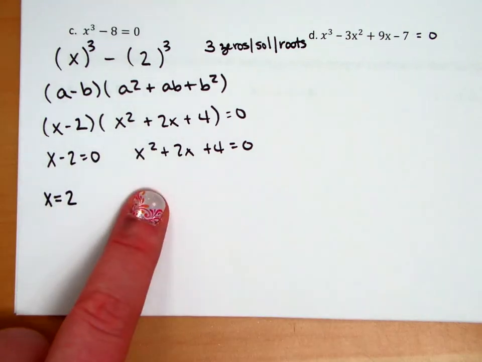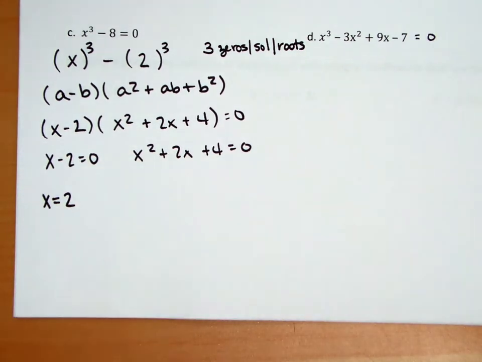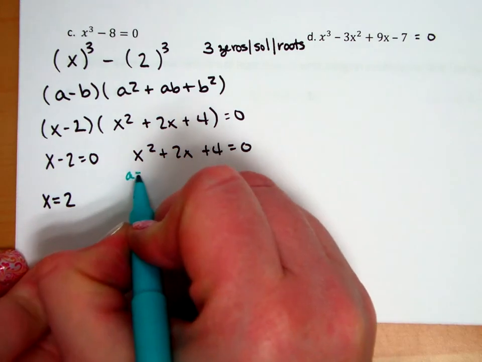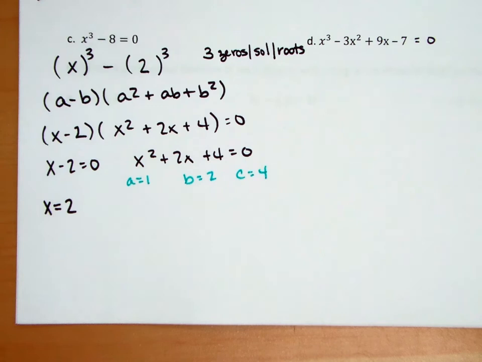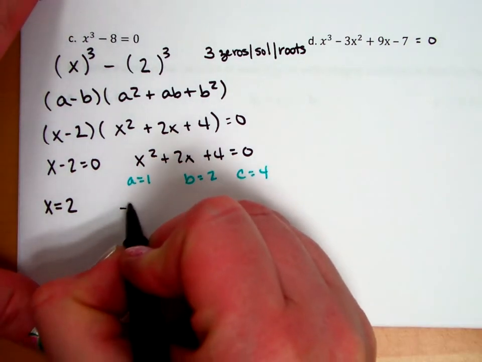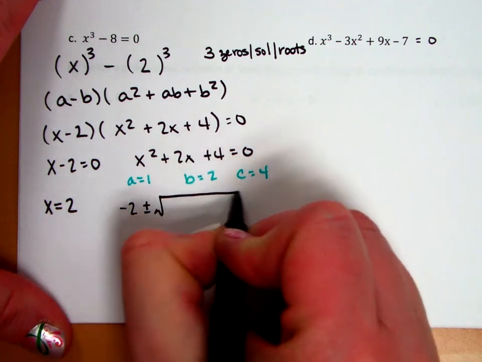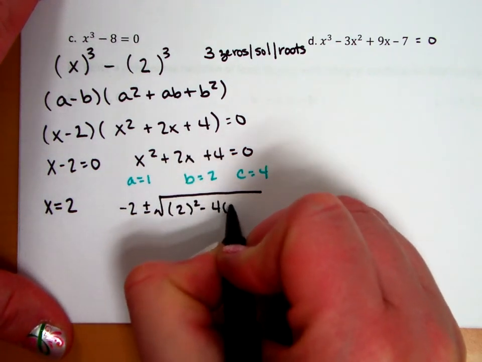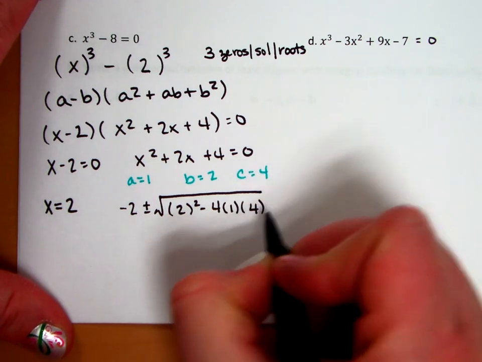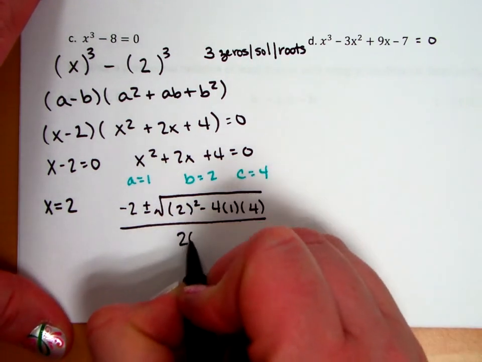The second one you've got to do the quadratic formula on, so a is 1, b is equal to 2, and c is equal to 4. And just do the quadratic formula. So -2 plus or minus the square root of 2 squared minus 4 times 1 times 4, all divided by 2 times 1.